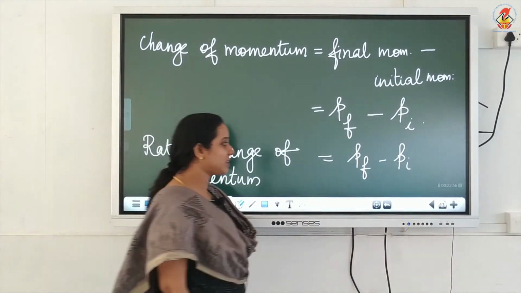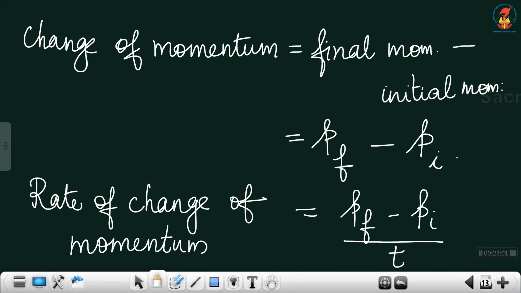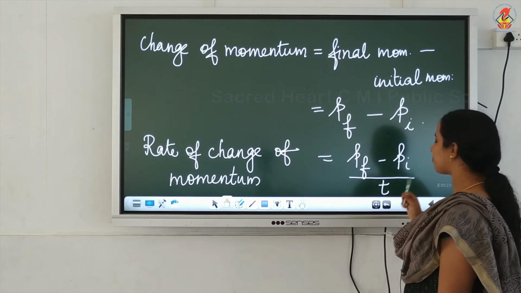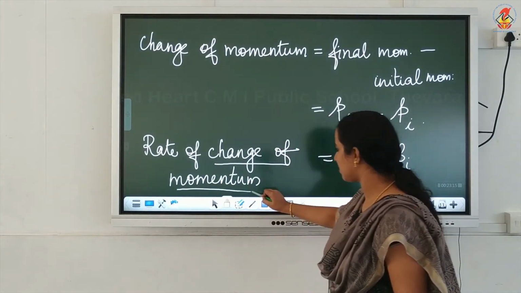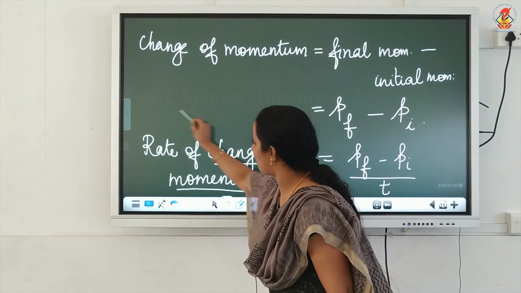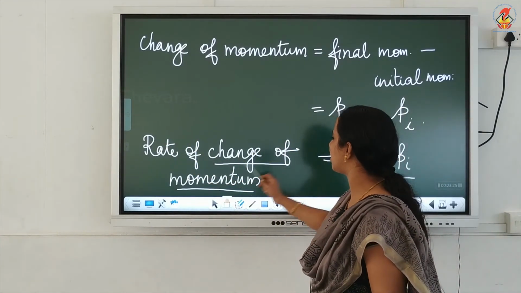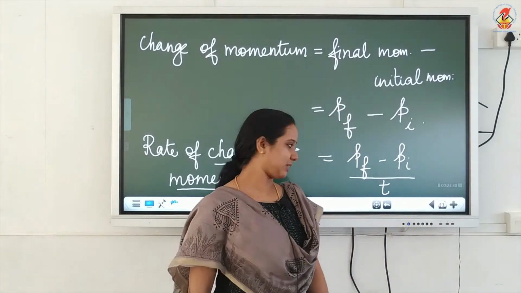Rate of means divided by time, or with respect to time. So, rate of change of momentum means Pf minus Pi by t.